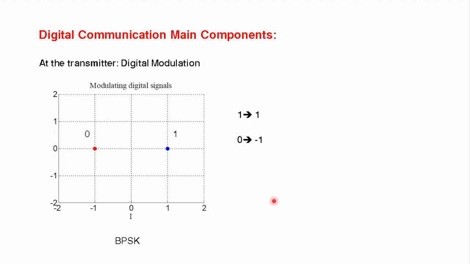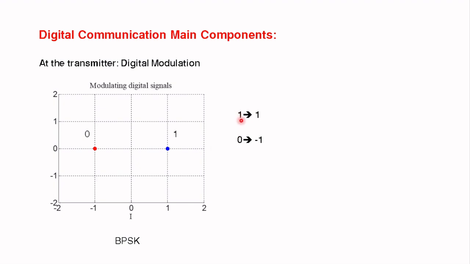Then we will have to do a modulation. There are two main modulation schemes in digital communication, binary BPSK and QPSK. In binary BPSK, we simply convert the input data, the ones and zeros, to some sample at the constellation diagram, specifically at the I-axis of the constellation diagram.